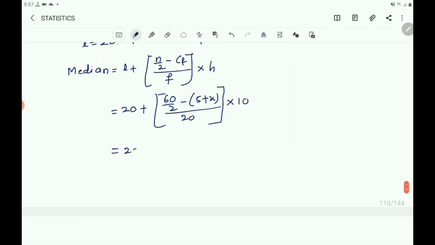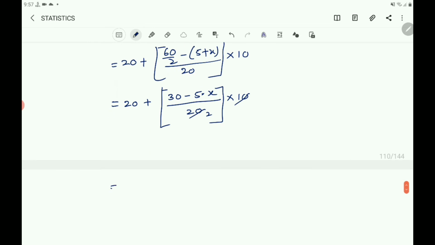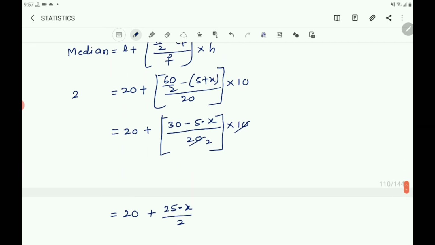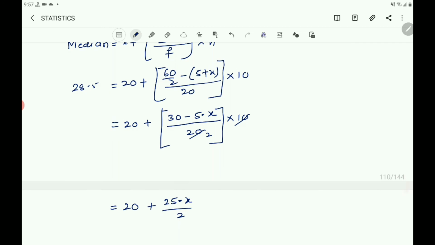That equals 20 plus 60 by 2 is 30, minus 5 minus x, by 20 into 10. So you will get 20 plus 30 minus 5 is 25 minus x by 2.